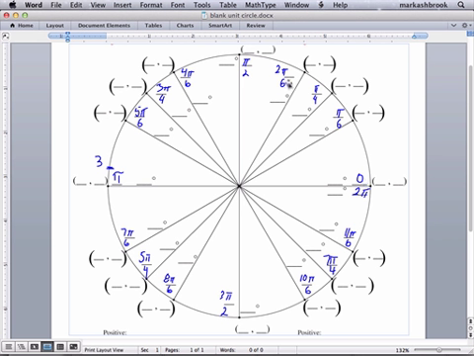Now there are 4 of these that can simplify. 2 pi over 6 simplifies to pi over 3. 4 pi over 6 is 2 pi over 3. 8 pi over 6 simplifies to 4 pi over 3. And then 5 pi over 3.